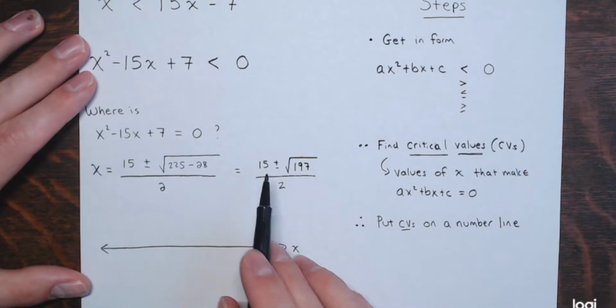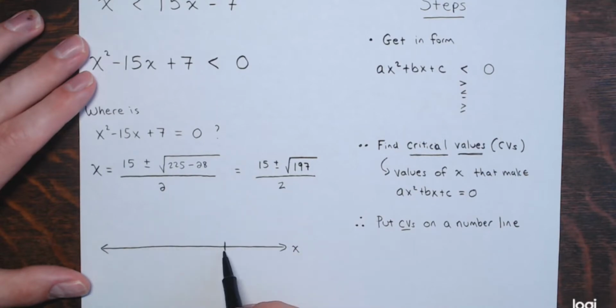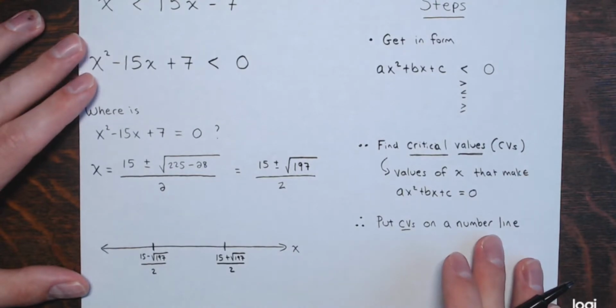And we have 15 plus the square root of 197 divided by 2. And then obviously less than that would be 15 minus the square root of 197 divided by 2.